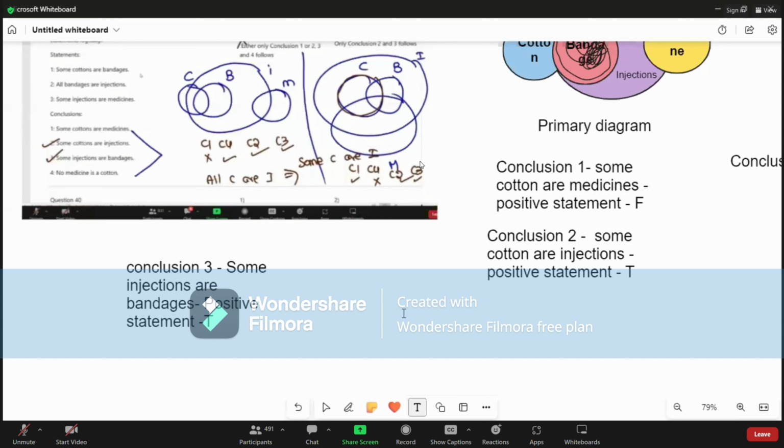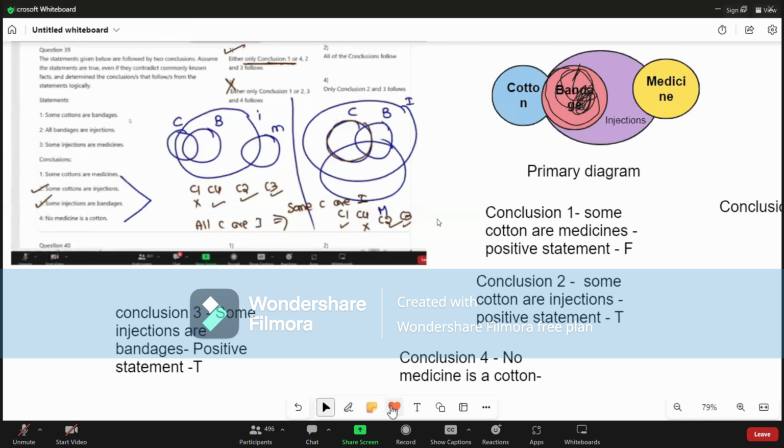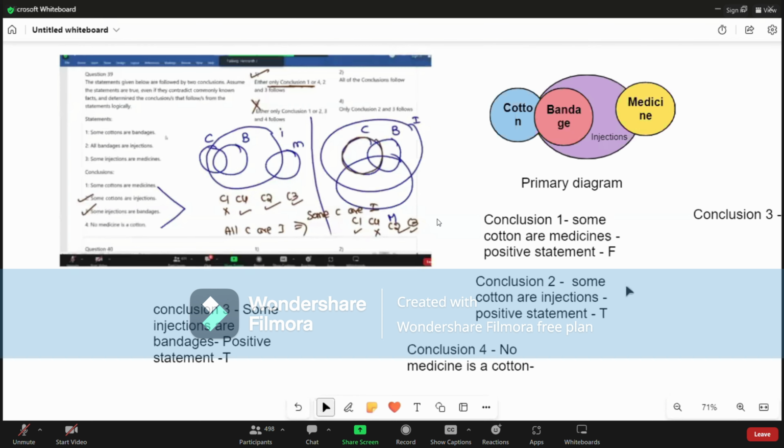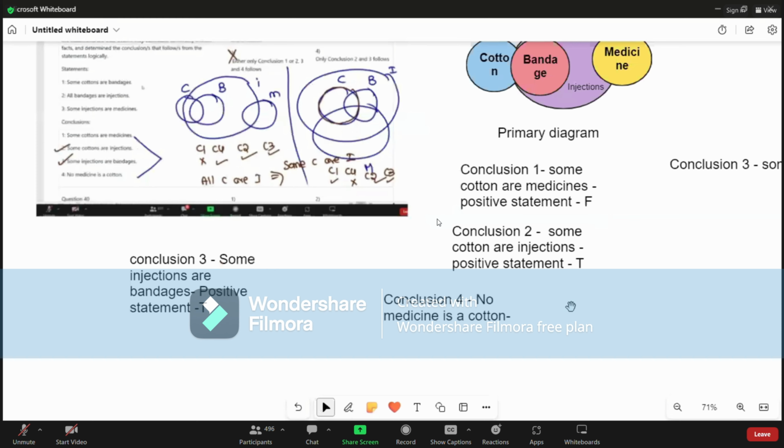Right, let's go to conclusion 4 then. That is, no medicine is a cotton. Now let's first check it by removing this. So what does it say? No medicine is a cotton.